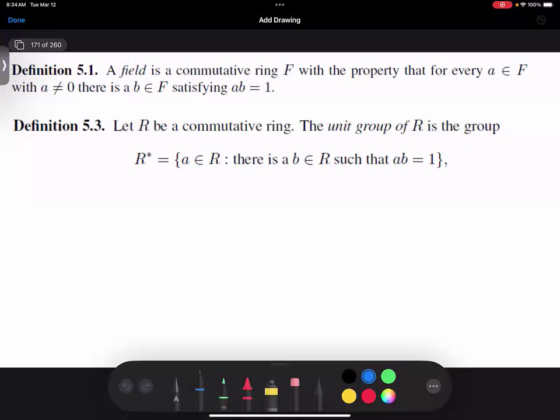Okay, so next is definition 5.3. Let R be a commutative ring. The unit group of R, the group R star, is the set of all a in R such that there is a b such that a times b equals 1. Typically, how would we denote the element b? Yeah, normally we write a inverse for b, and ba equals ab equals 1 as it's commutative.